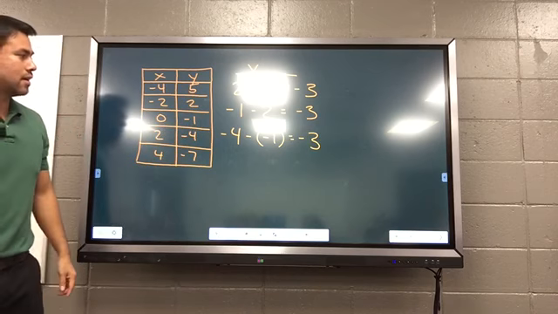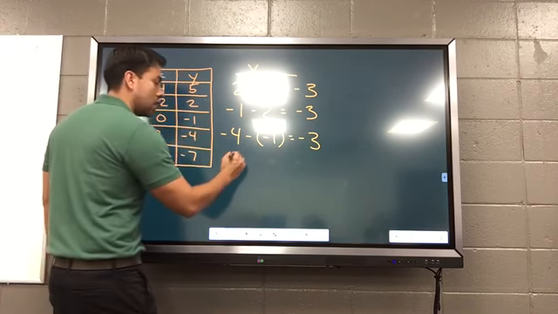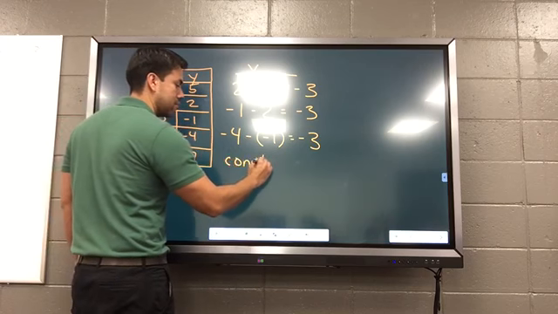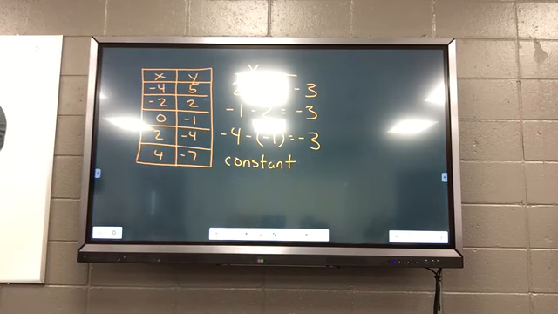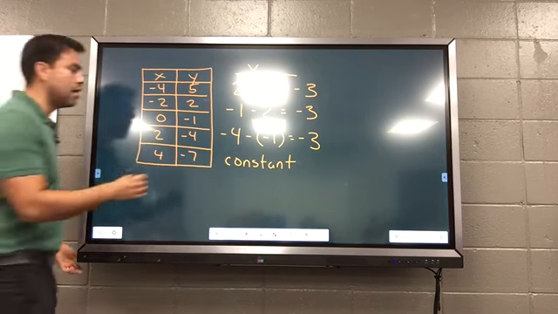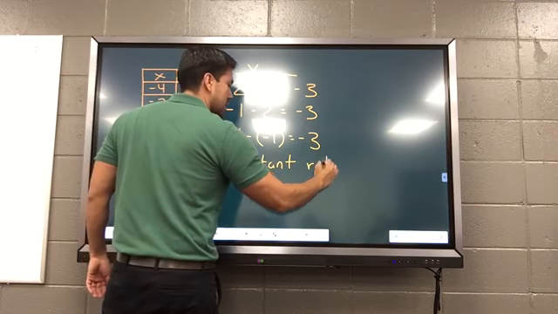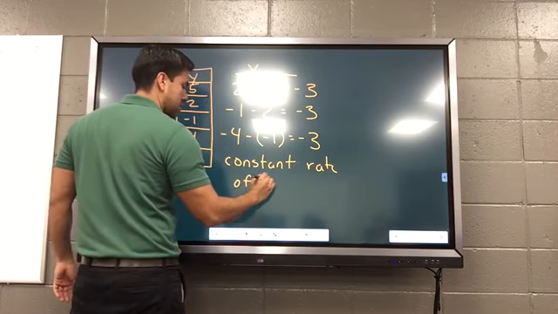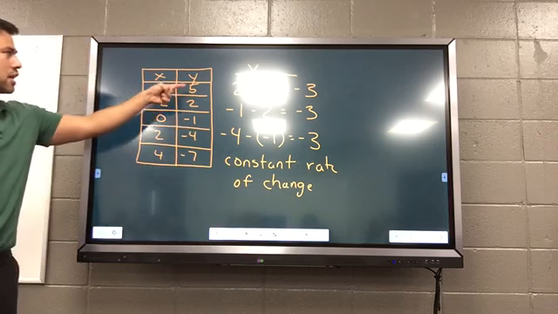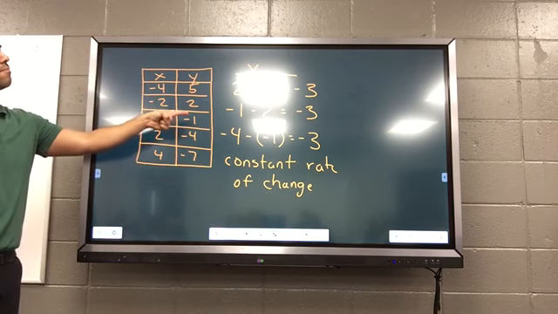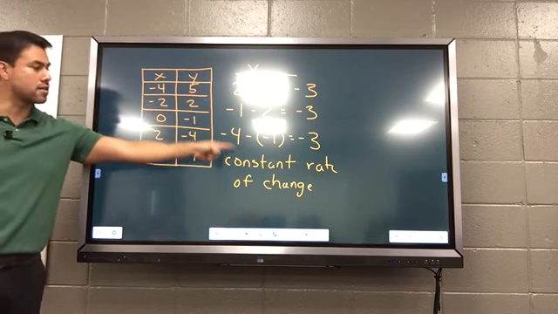It really is. So we would say you have a constant, and constant can be almost like common. Constant rate of change. Are you changing by the same amount each time? So the y's have a constant rate of change.